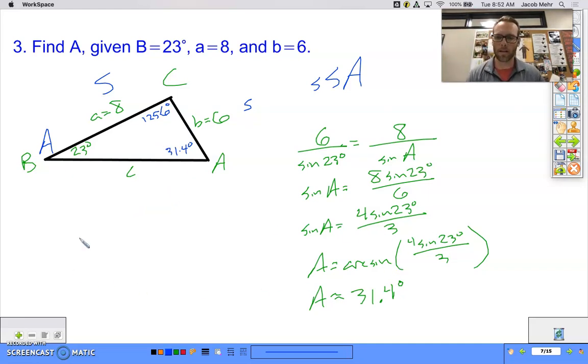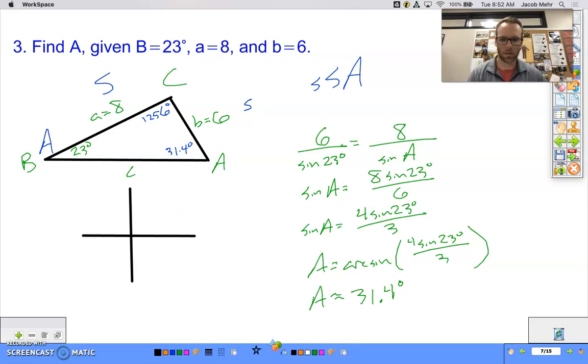So now we have to think back to arc sine for a second, and think about how we find arc sine, and what part of the unit circle arc sine resides in. Well, we found that 31.4 degrees is the one value.